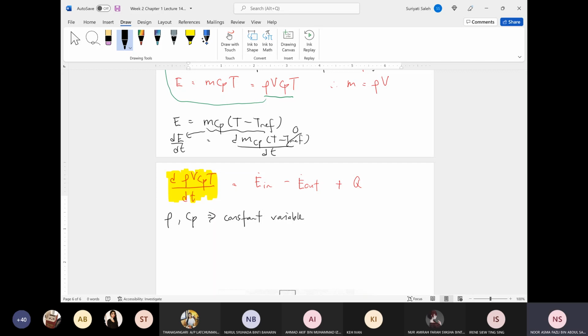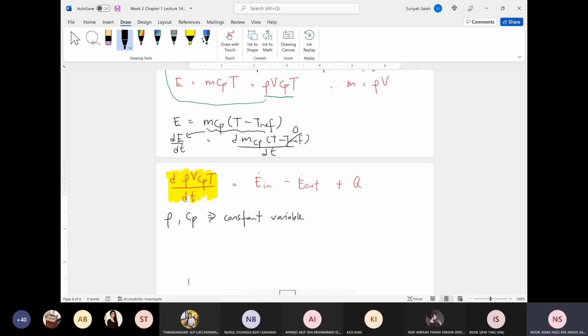For example, the density of water we use is 1000 kilograms per meter cube. Tomorrow we still use the same value, 1000, so it's not going to change. The same goes for the heat capacity, where the heat capacity of water is around 4.14. So this value is also a constant.